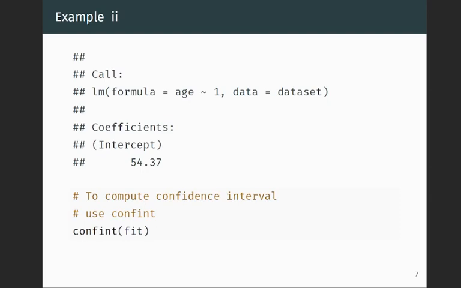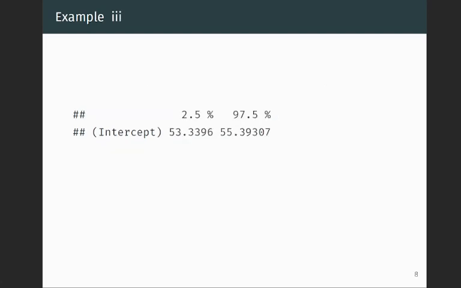So an estimate of the average age in the population. To compute a confidence interval, we can use the function confint, and then we just write confint of the object fit. And when we do this, we get a 95% confidence interval for the intercept, or in this case, again, for the average age.